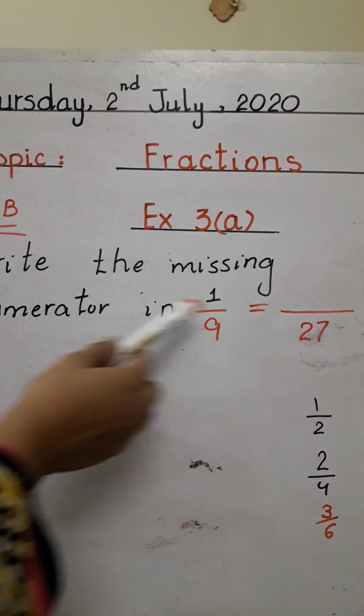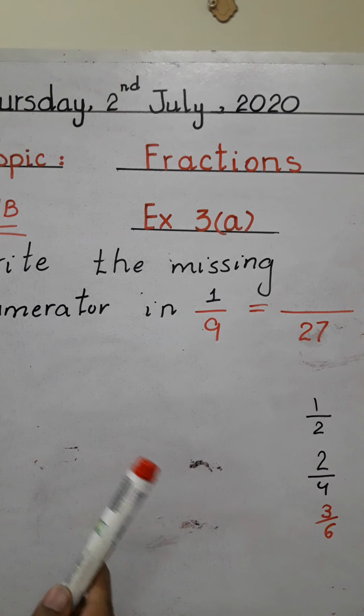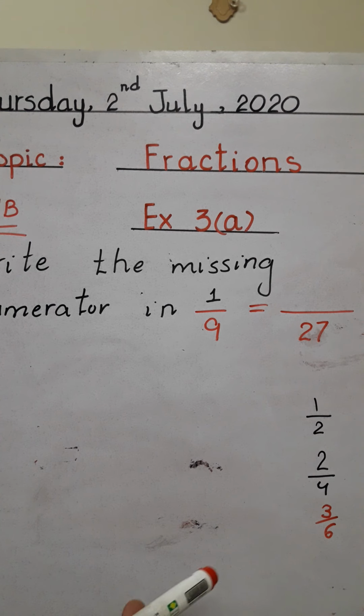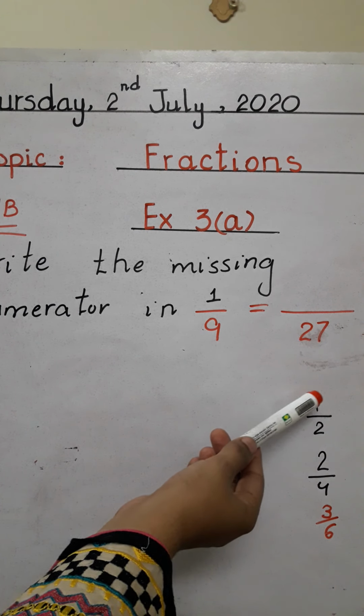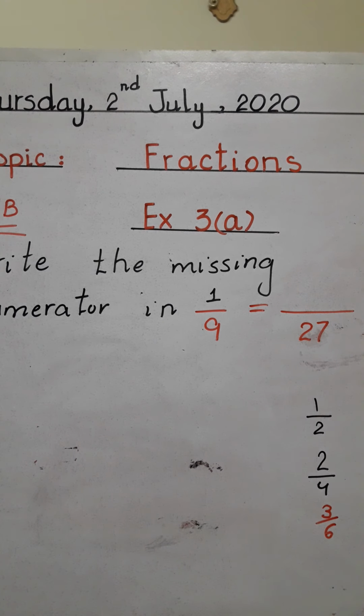Students, to understand this question, first of all, what happens when the numerator and the denominator of a fraction are multiplied by the same number?